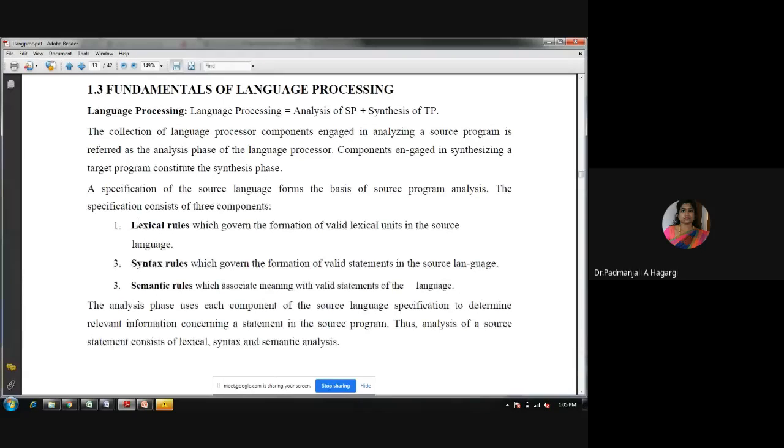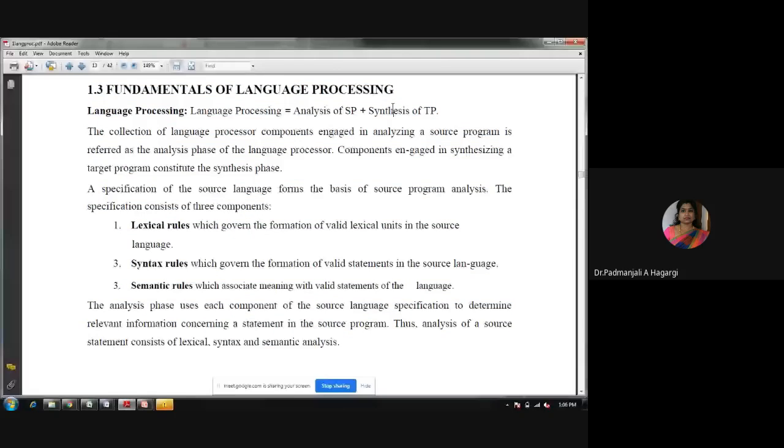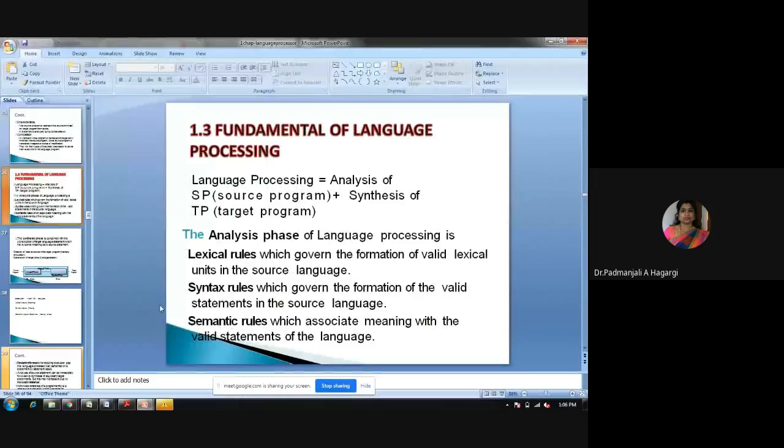So every compiler passes through two phases: specification of the source program and synthesis of the target program, because every compiler converts into machine code. That machine code is nothing but 0 and 1, and that is nothing but the target phase, the target program.